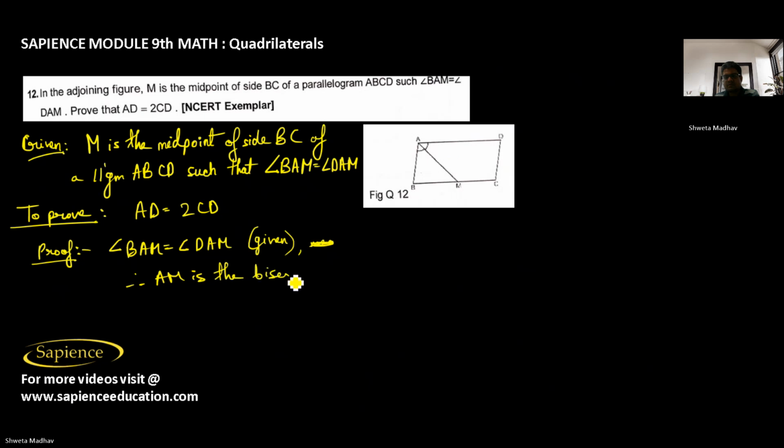The proof is that you can see that angle BAM equals angle DAM, which is given, which means that AM is the bisector of angle A, or angle BAD.